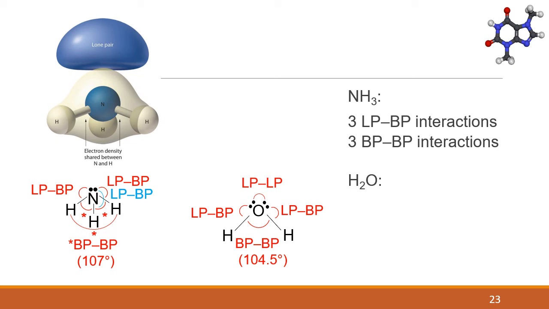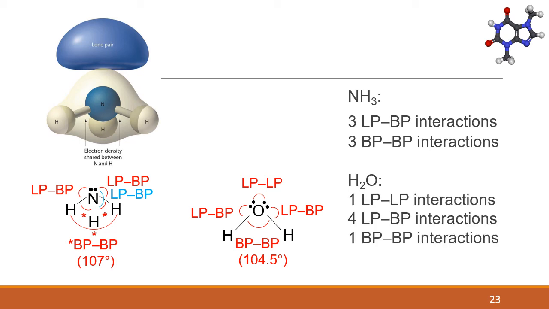Another molecule with 4 electron groups is water. It has 1 lone pair interaction between the 2 lone pairs in oxygen, 4 lone pair-bonding pair interactions because each lone pair has 2 interactions with the 2 hydrogen atoms, and 1 bonding pair interaction between the 2 hydrogen atoms.